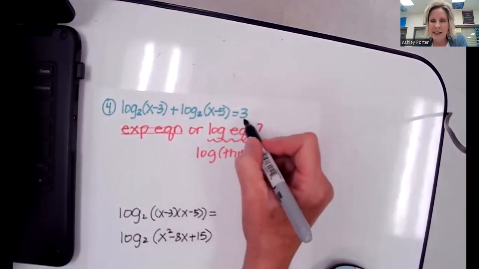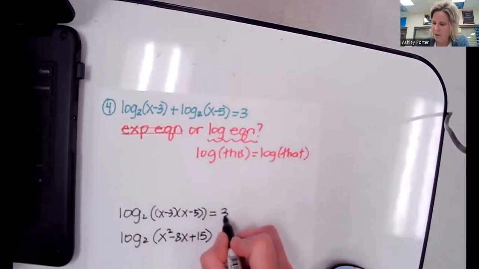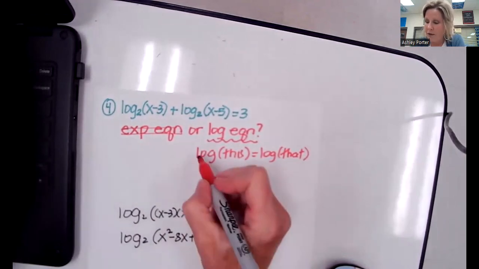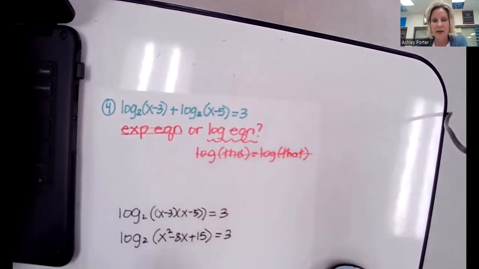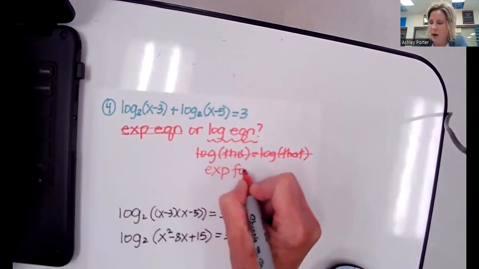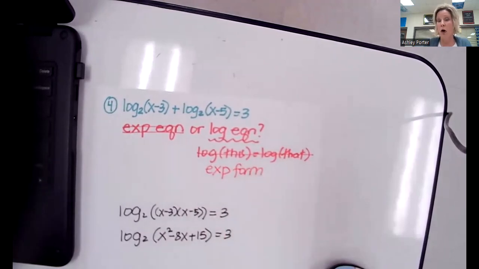But look, the right side isn't a log. It's a number. So no, it's not a log of this equals a log of that. It's not that because I don't have logs on both sides. So this is instead, take your log equation into the opposite format, the inverse format, which is exponential form.